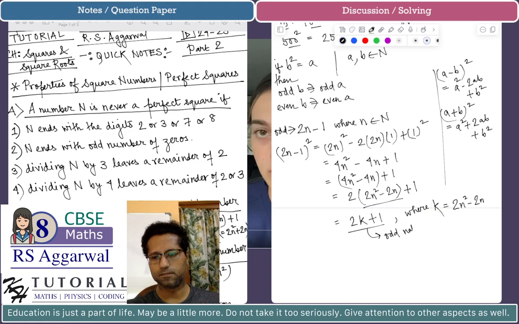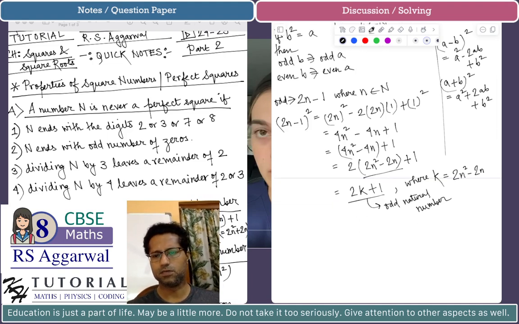natural number, and we know that any odd natural number can always be expressed as 2n minus 1. Okay, sorry. So here we got 2k plus 1. Also remember that 2k plus 1 will also be an odd natural number. In the very beginning I said that every odd natural number can be expressed in the form 2n minus 1.